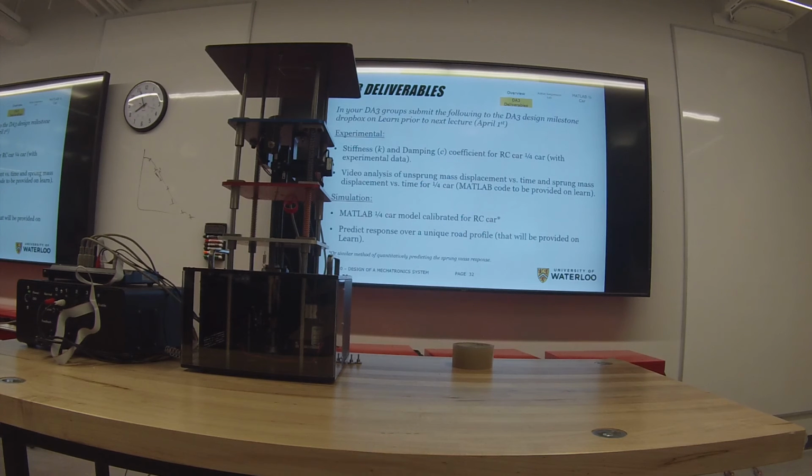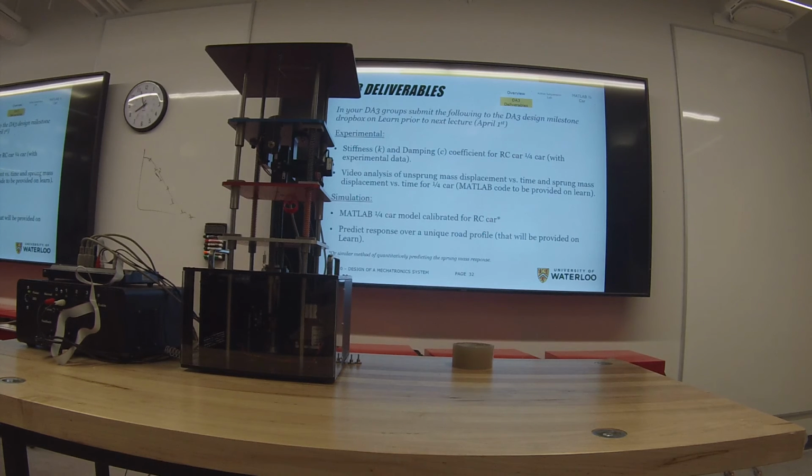Give us a second to connect here, but we're going to drive it down here with the lights off, and the video is going to effectively be set up here such that it's looking at the side profile of the vehicle and going over this funky profile. You're going to take that video.